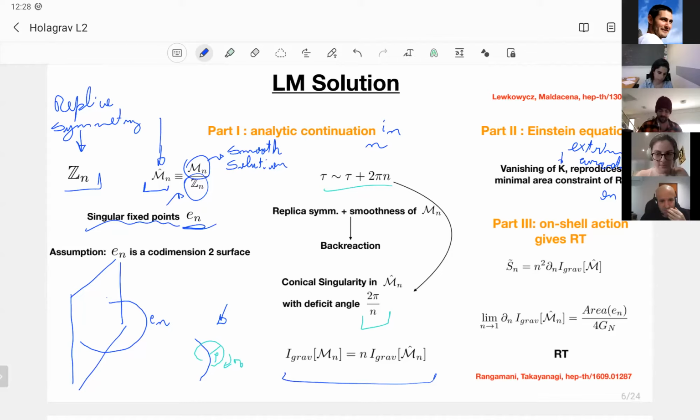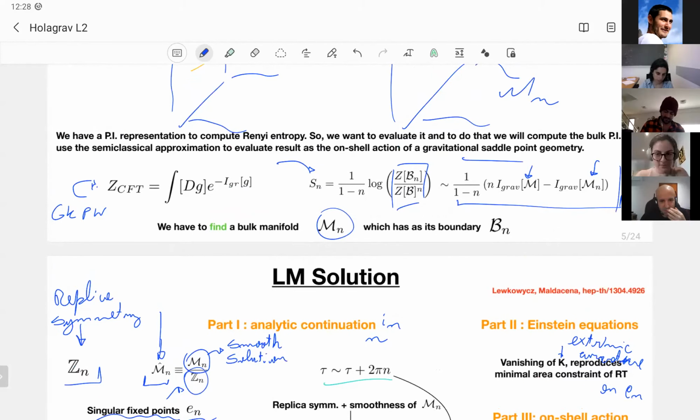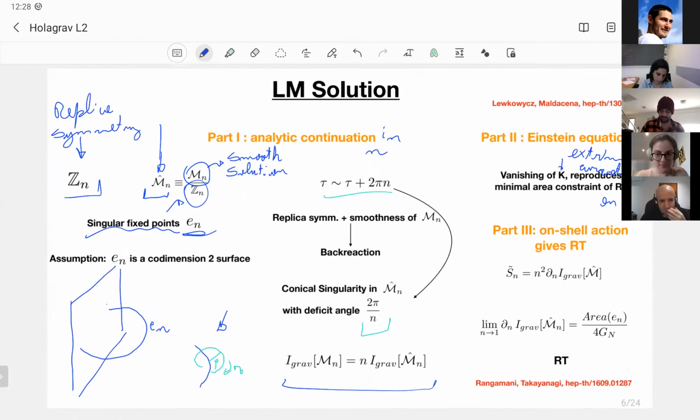And the last thing you have to do is to apply this equation that I wrote here. In particular, the people use this refined Renyi entropy that I mentioned yesterday. You see that at the end the relation is to take a derivative of this manifold M hat. And if you do that, you obtain the desired result.